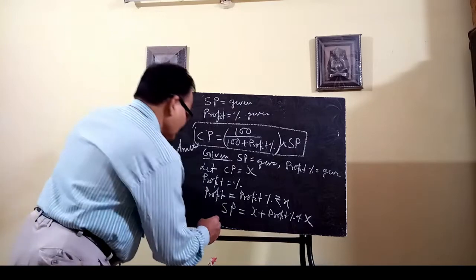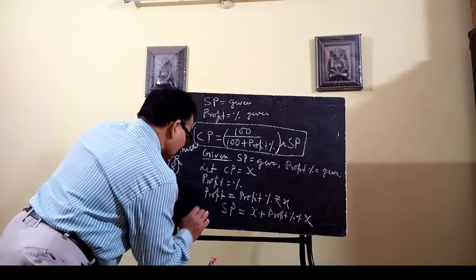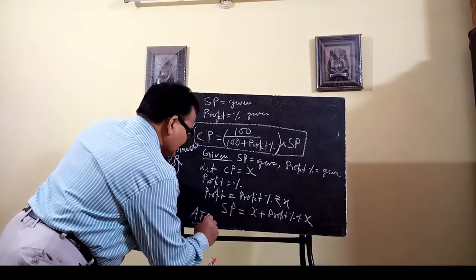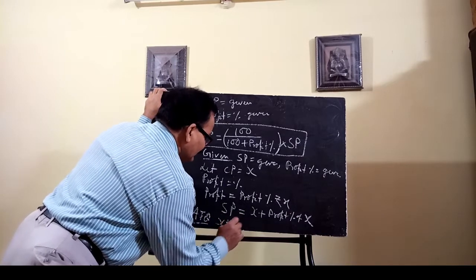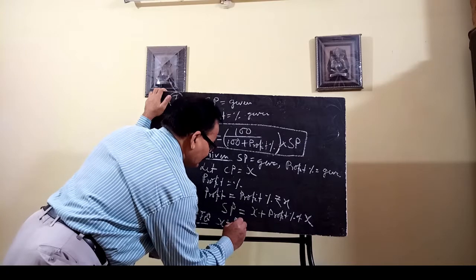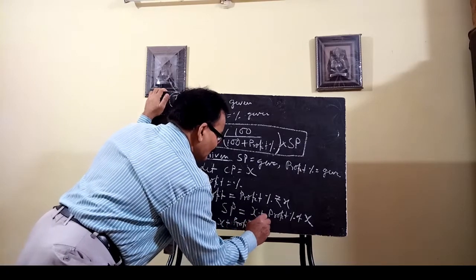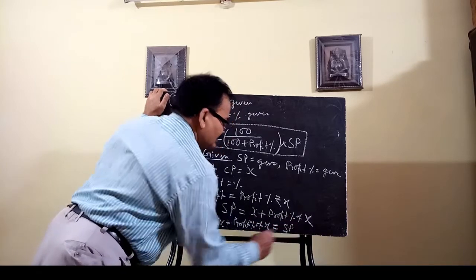Okay, so now according to question, you write an equation: x plus profit percent of x must be equal to your SP.